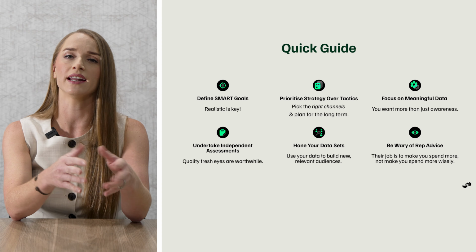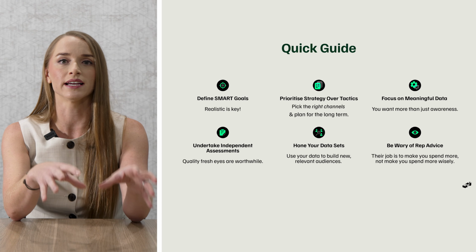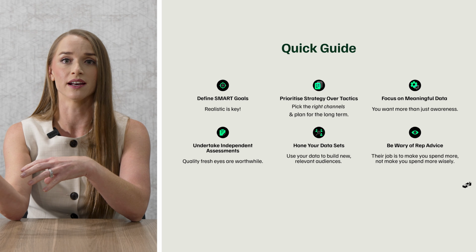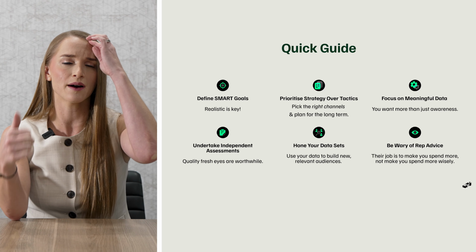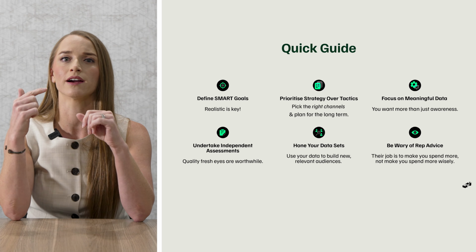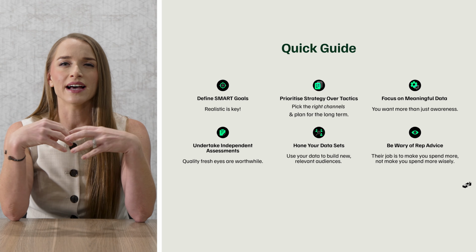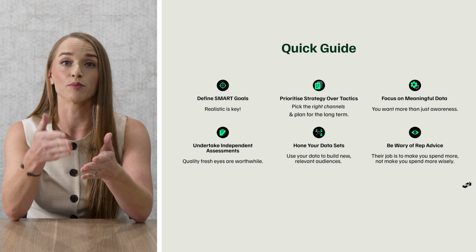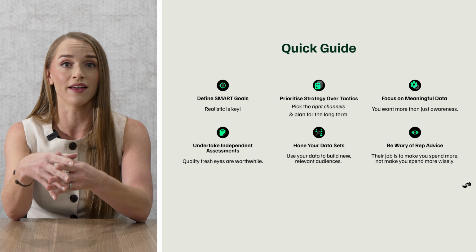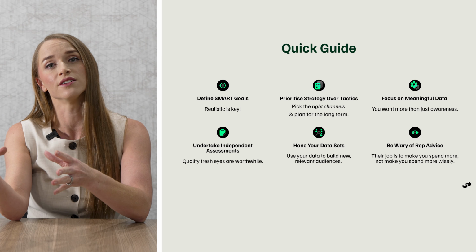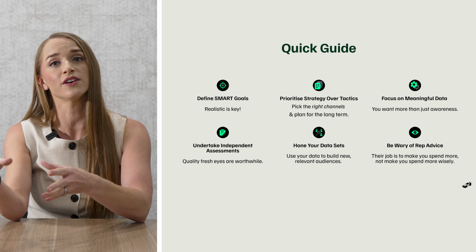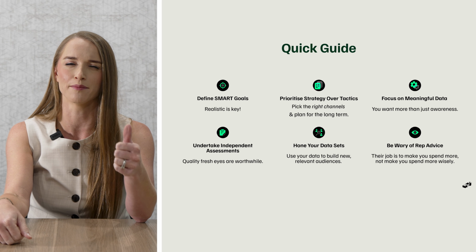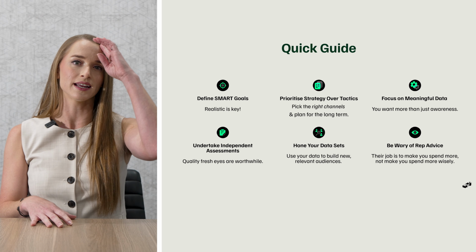Clicks is a piece of it, and we need to understand how clicks is part of the equation, but the meaningful data for you is how many phone calls am I getting? How many form inquiries or how many sales am I getting? That's what's meaningful to your SMART goals, and you need to make sure that you're getting reports that actually revolve around those, and that the reports feel accurate, because if they don't feel accurate, that means your tracking's not set up properly.